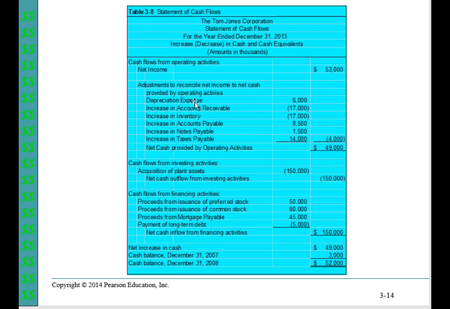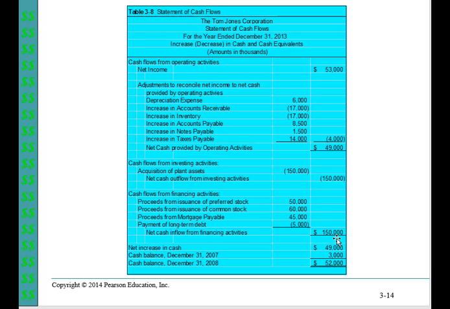$49,000 was generated from running the business. $150,000 was spent by acquiring plant assets. $150,000 was also acquired from financing. And you can see here we issued some preferred stock, we issued common stock, we borrowed some more money, and of course we paid off some of our debt obligations.